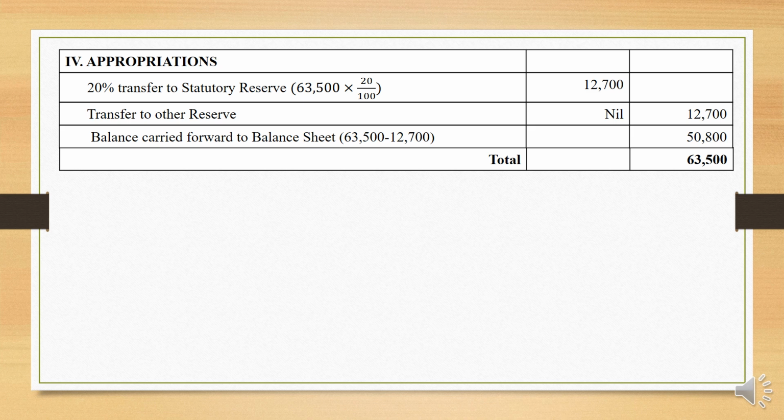So this goes to the balance sheet, and it is going to be added to the reserves and surplus and the statutory reserve. Even there, the last item of schedule number 2 is balance transferred from profit and loss account.